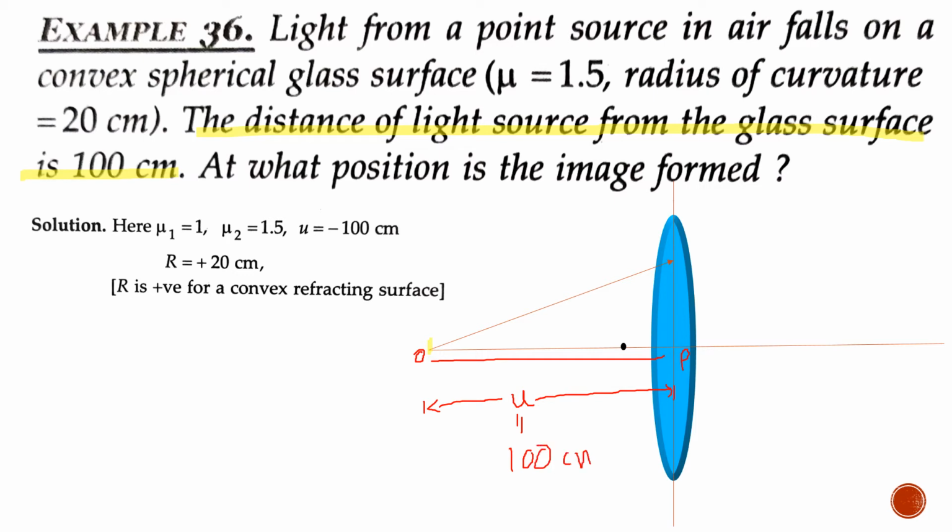The light travels from left to right, but it is measured from the pole P to the object O, so this will be negative. So your object distance u equals minus 100 centimeter.